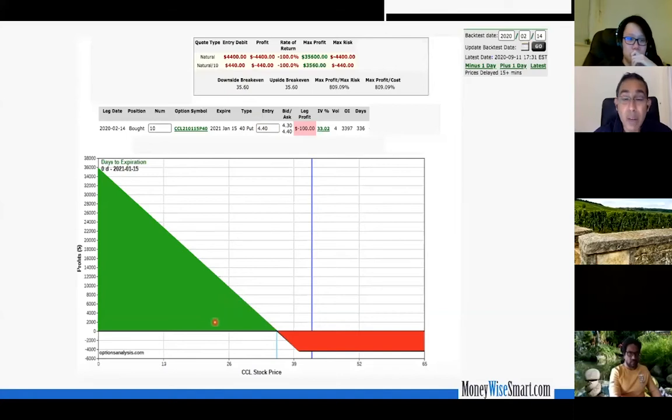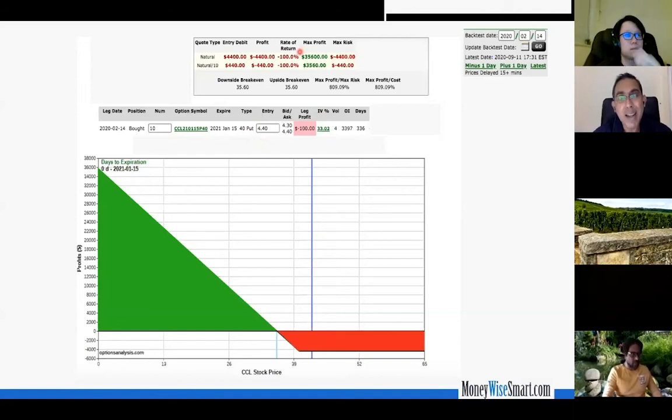And if Carnival Corporation goes bankrupt, that is, it goes to zero, I still have my right to sell Carnival stock at 40, which means I will be selling this 10 multiplied by 100, that is 1,000 shares at $40. So I will bring in $40,000. But I purchased the put option for $4,400.